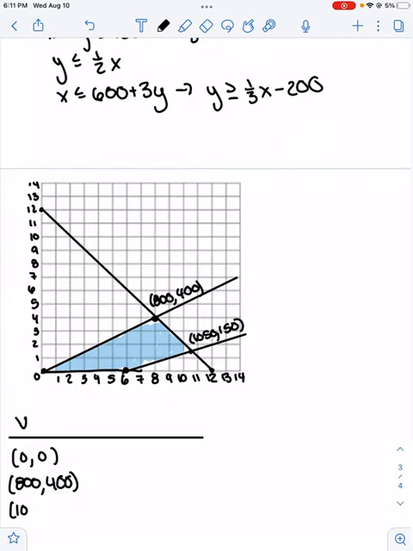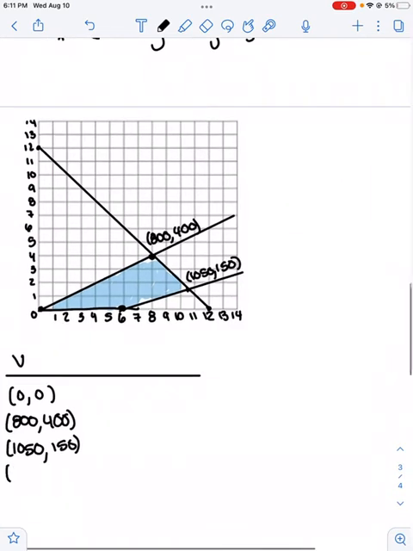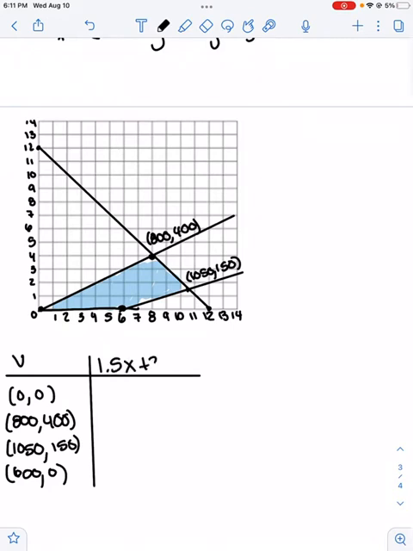Oh, can't write today. And then the x-intercept, which is 600, 0. Then our profit equation was 1.5x plus 2y.